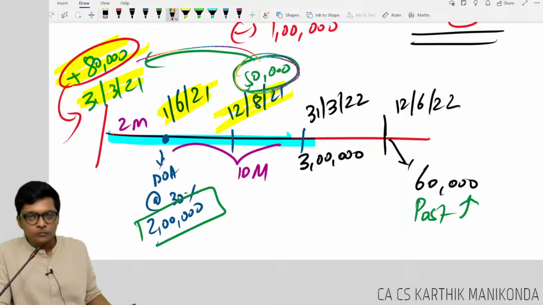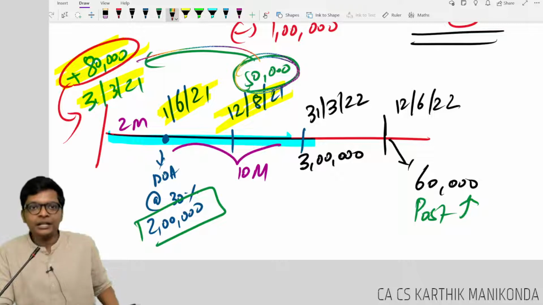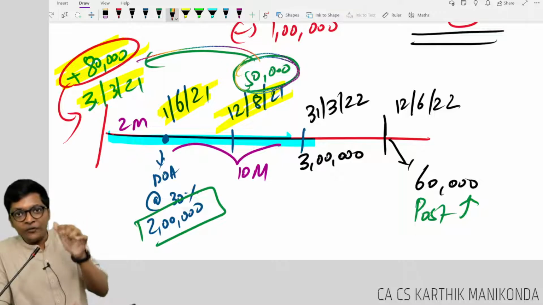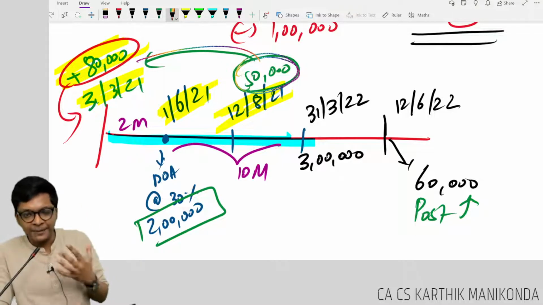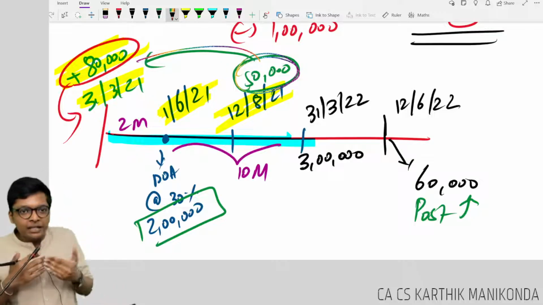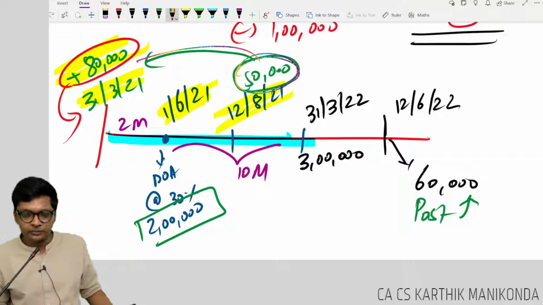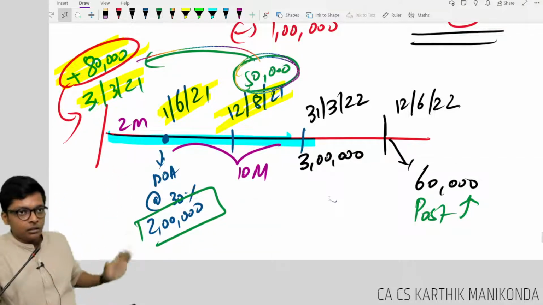Got it? General meaning of pre-acquisition dividend is not paid before acquisition. Dividend paid from profits earned before acquisition is called pre-acquisition dividend. Let me repeat. Dividend paid from profits earned before acquisition. Are you following, guys? Now, is this clear for everybody?